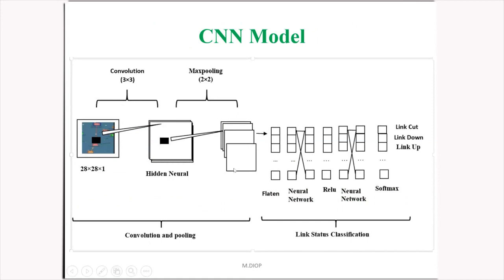First, we have to give an image. This image is a network transmission image. We collect them from our telecommunication operator. The first operation is a convolution and pooling operation.